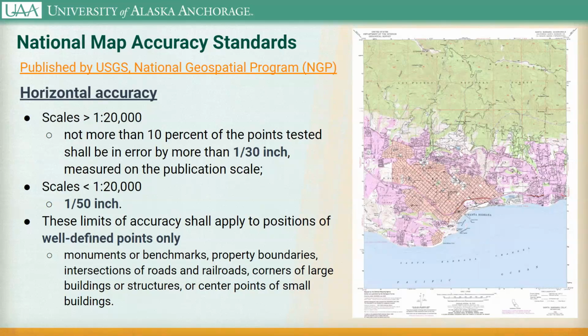And we do that using known coordinates of known positions like benchmarks, property corners, things that have been identified as unlikely to move and change and have had a survey coordinate precisely applied to them. And the level of precision is related to the level of accuracy that you're expecting of your map.